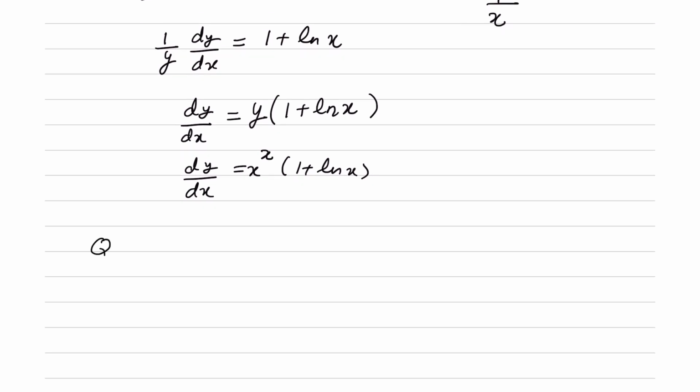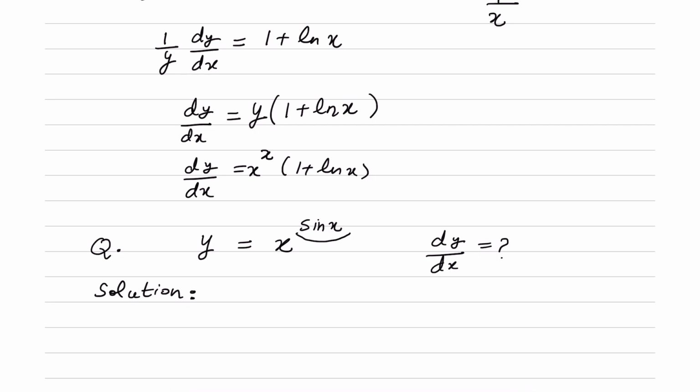Let's attempt another question of logarithmic differentiation. We have to find the derivative of this expression y equal to x to power sin x. Again, we can see that the power of x is not a number but a function in the variable x.